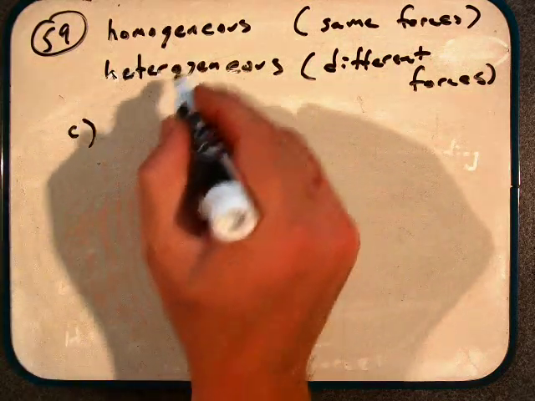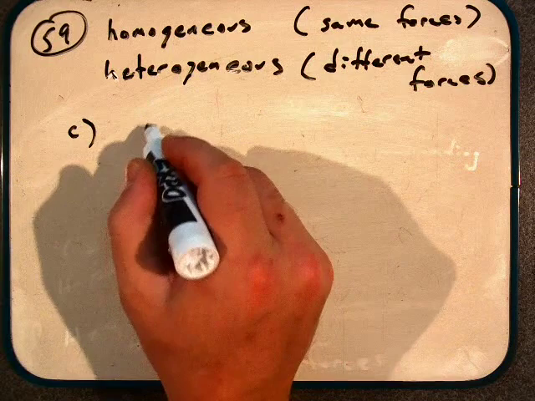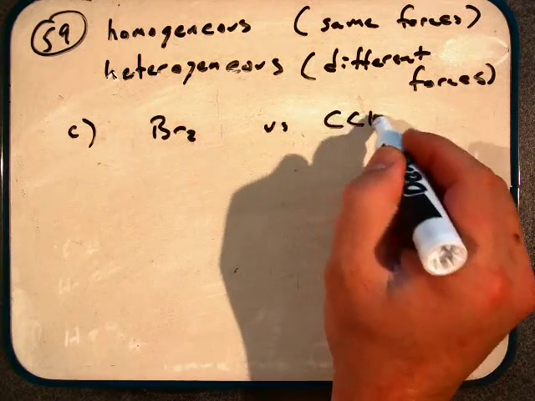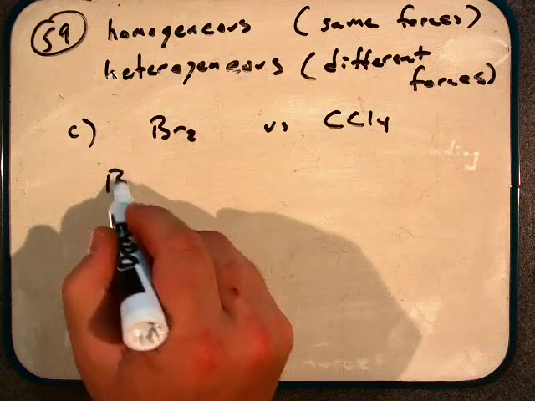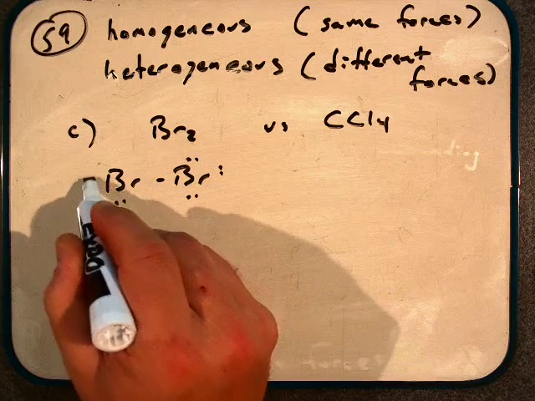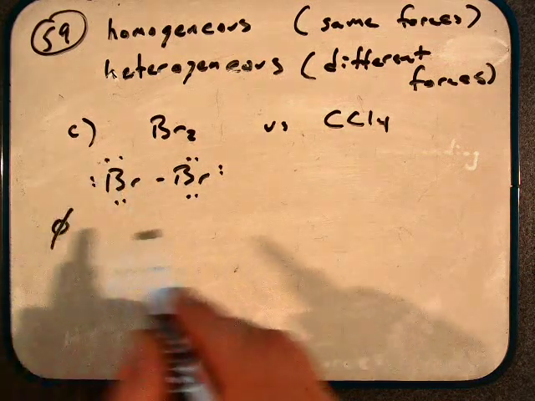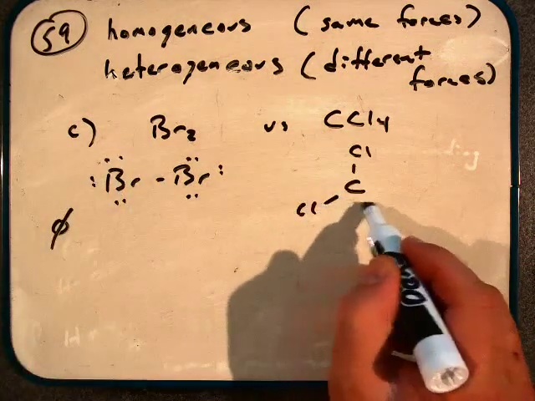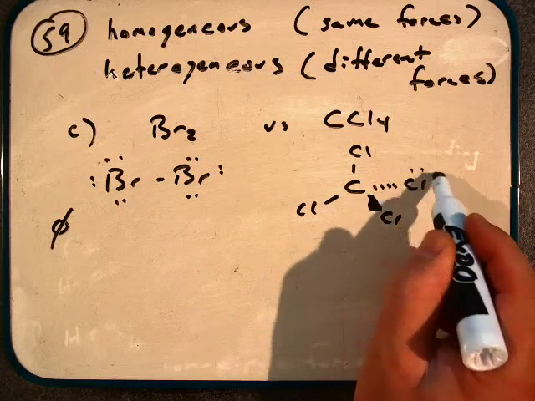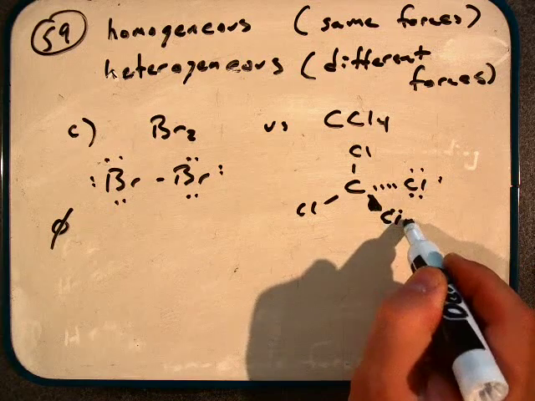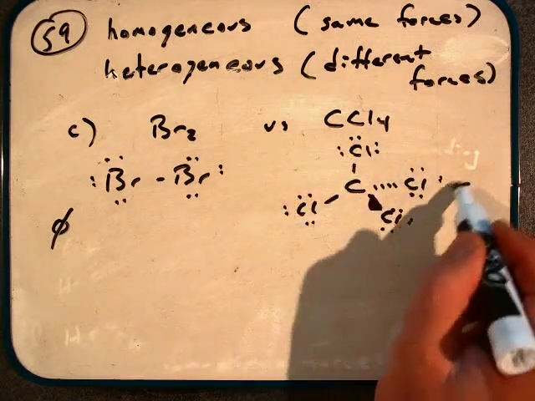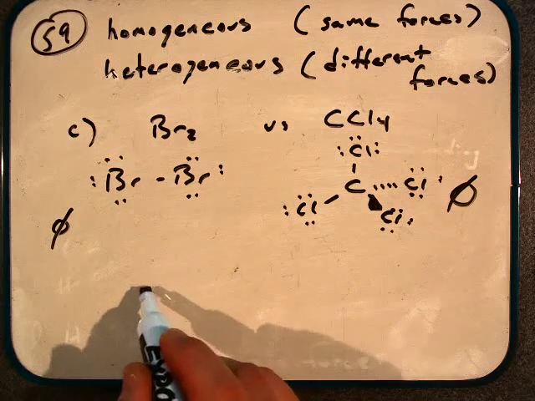Okay, so part C is then looking at bromine versus carbon tetrachloride. Bromine has no molecular dipole. Carbon tetrachloride also does not have a molecular dipole.